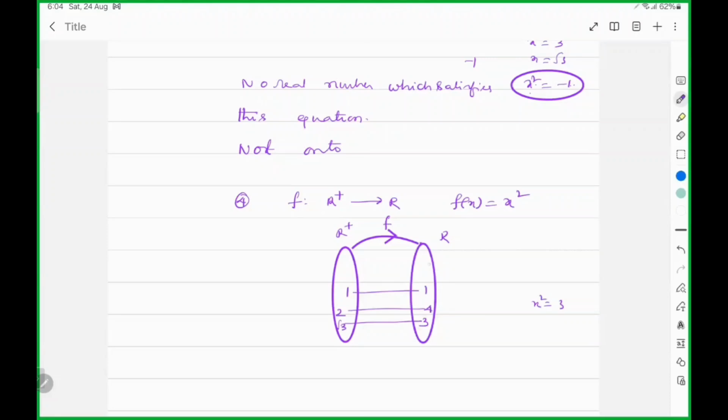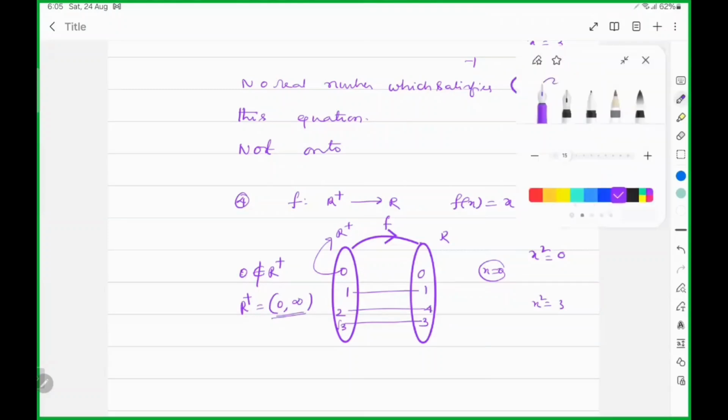All positive numbers have pre-matches, but there is 0, whose pre-match x value is not there in R plus. R plus means open 0, closed infinity. 0 is neither positive nor negative, so 0 does not come under positive real numbers.